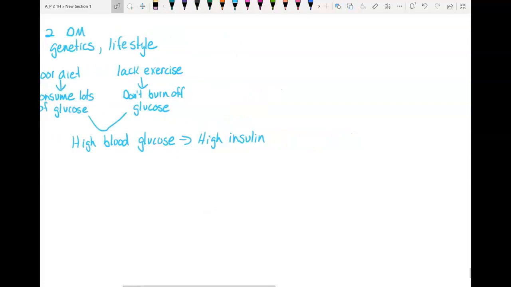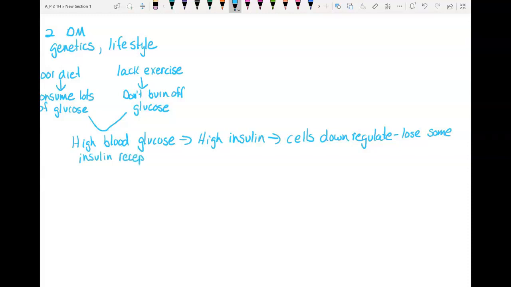So having high insulin causes your cells to downregulate. So this means that they lose some of their insulin receptors. So this means that the cells are not responding to the insulin. There's glucose in the blood, there's insulin in the blood, but the cells aren't responding.